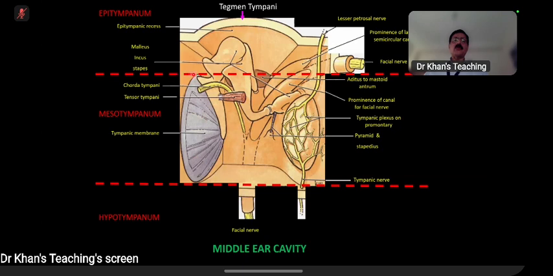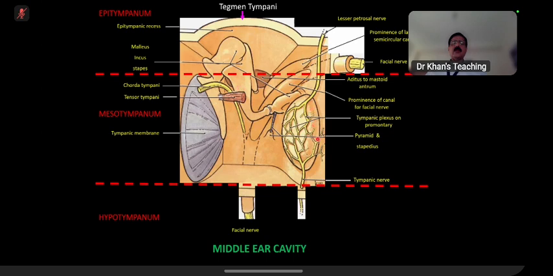If you draw a line at the superior edge that passes through the facial nerve canal on the medial wall, inferior to that, and another line which you draw at the edge of the tympanic membrane, the annulus, this will be the mesotympanum. Hypotympanum is just a trough which has nothing more than that, inferior to that. Within the mesotympanum, we can see that part of the ossicles are there.